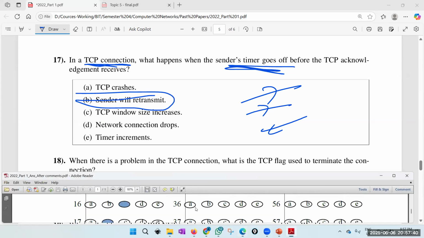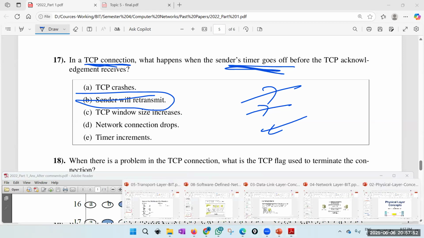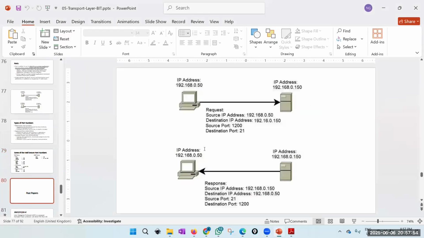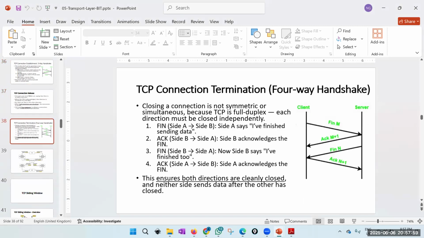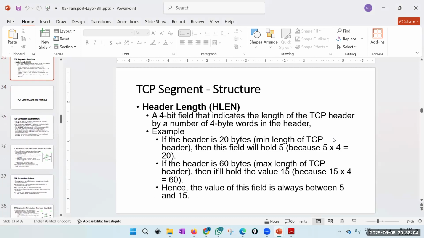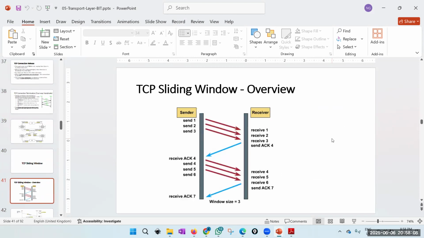B. Yes. Okay. Let me check whether we have mentioned that in your note. Have we discussed this? I think it must be mentioned somewhere. This is connection termination. Remember, we can wait for the acknowledgement.